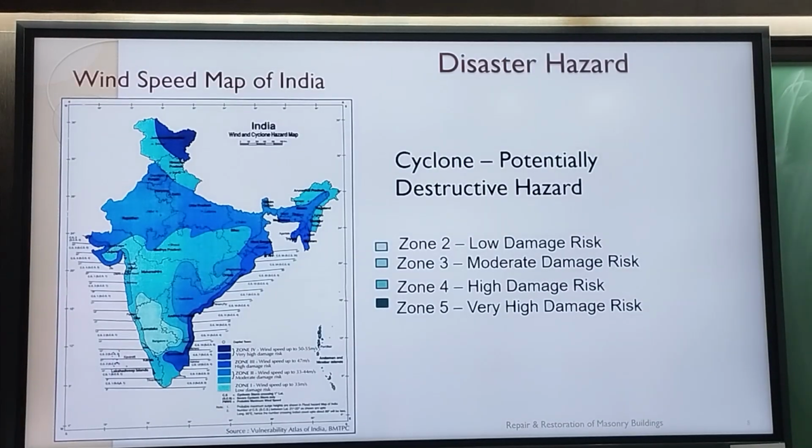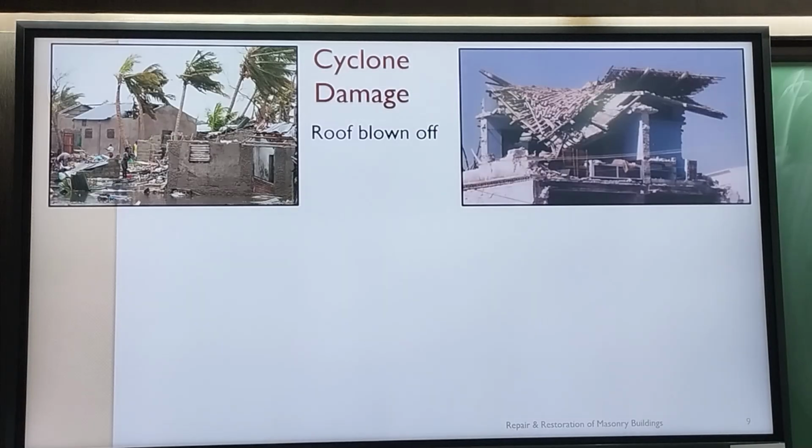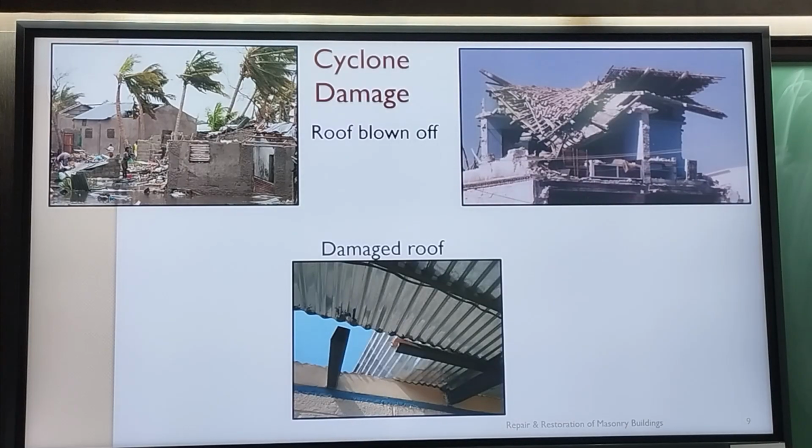The other hazard is cyclone, the high wind speed. From the same site, you get the wind speed map, which tells you what kind of wind speed can be expected and what kind of risks there are. Then, here are some visuals of cyclone damage.